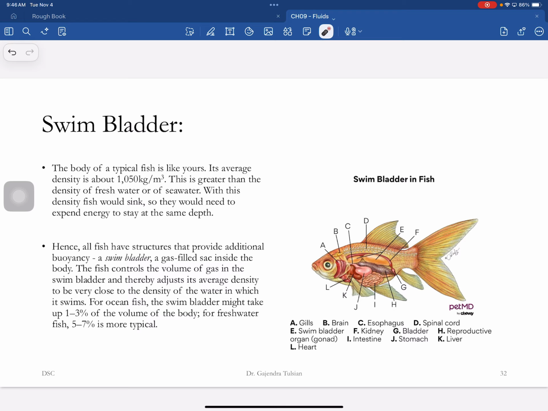No salt. Yeah, ocean water has a density of about 1,030 kg per meter cubed. So the density of ocean water is close to the density of the fish, and all you need is a small swim bladder to adjust your density if you wanted to go to neutral buoyancy.